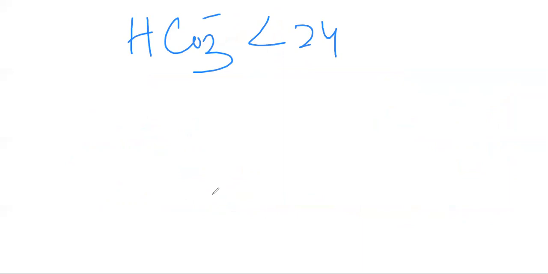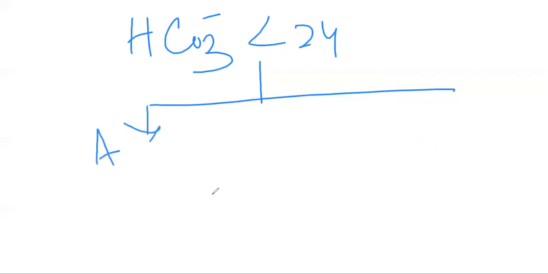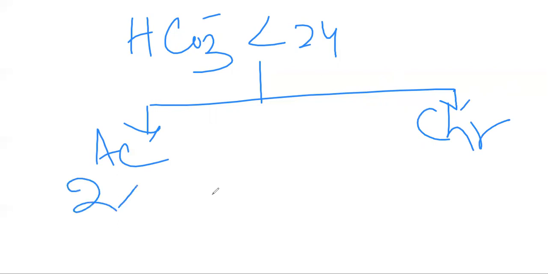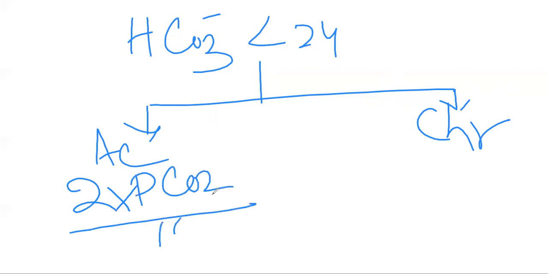To check whether there is exactly kidney compensation or some other secondary disorder present, you have to again divide this into acute phase and chronic phase. In case of acute, the bicarbonate fall should be 2 into PCO2 divided by 10.